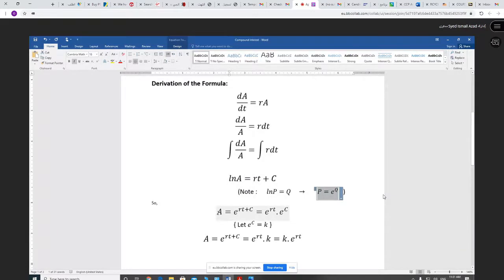So this is what I have now: A is equal to e power RT plus C. So if you have e power RT plus C, you can write it as e power RT times e power C.